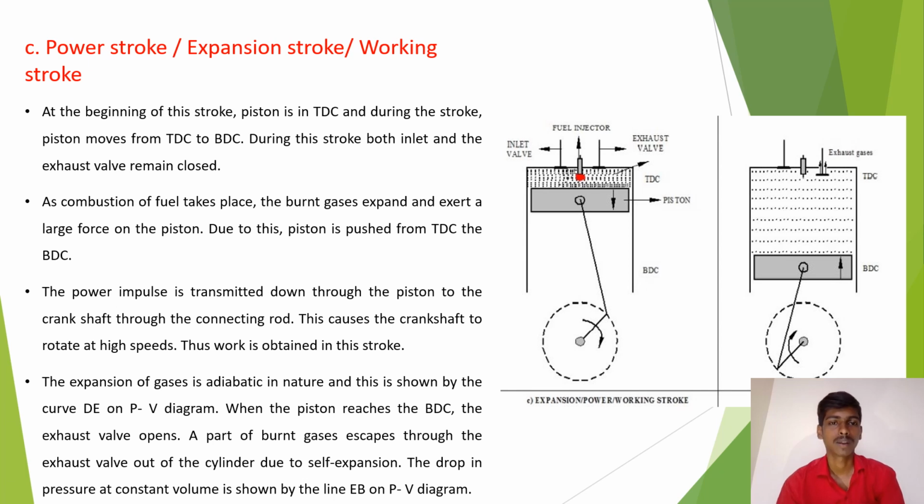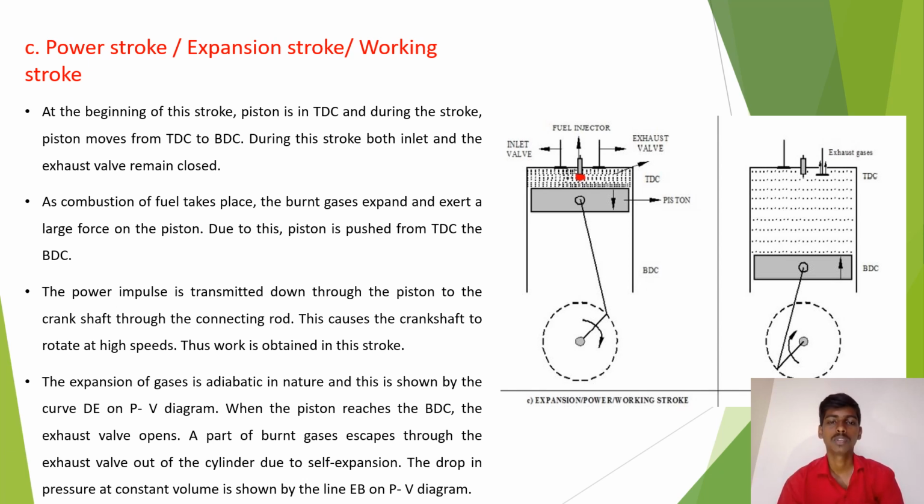Power stroke or expansion stroke or working stroke. At the beginning of the stroke, the piston is at TDC. During the stroke, the piston moves from TDC to BDC. During this stroke, both inlet and exhaust valves remain closed. As combustion of fuel takes place, the burnt gases expand and exert a large force on the piston.